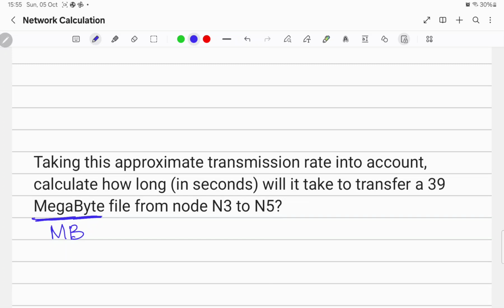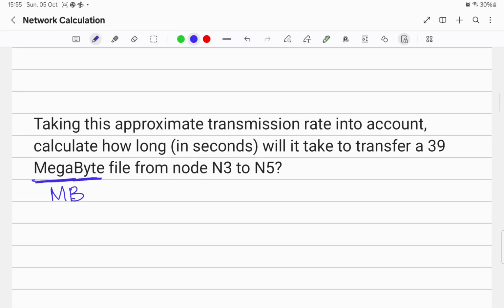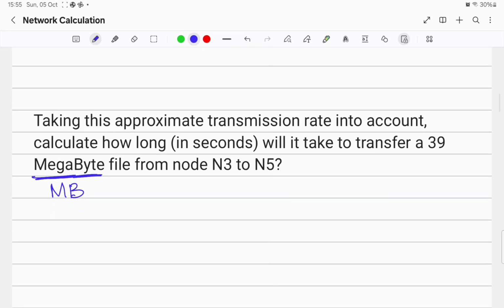And remember, when we're dealing with transmission rate, we always deal with megabits. So we have to convert this to megabits. And to convert megabyte to megabits, you multiply the megabyte by 8 all the time.